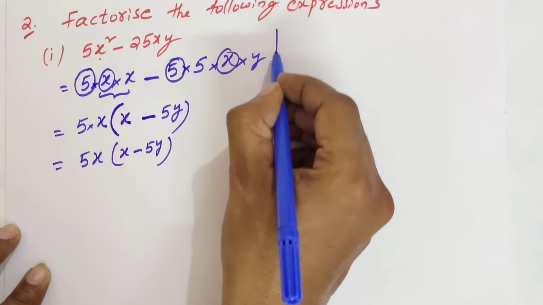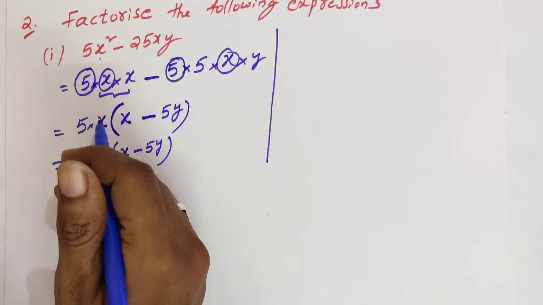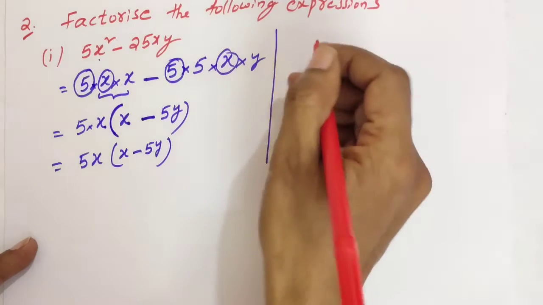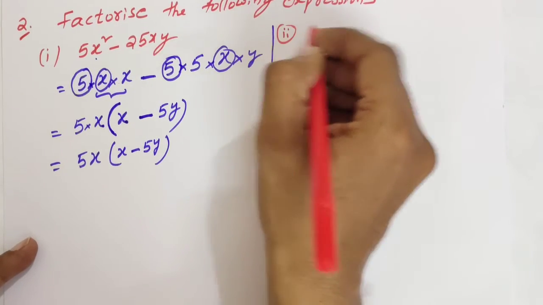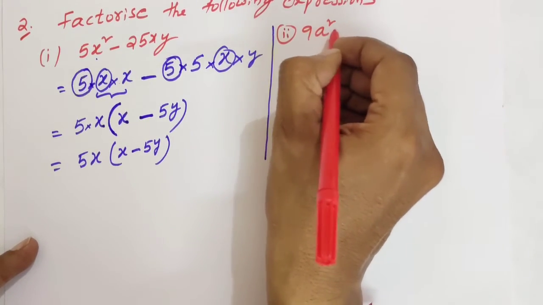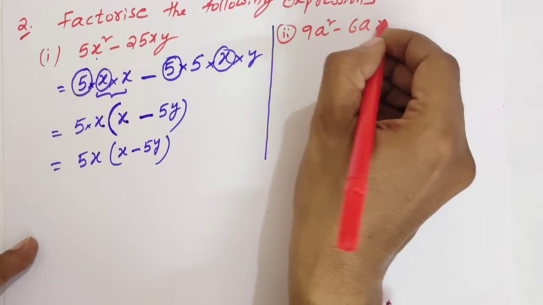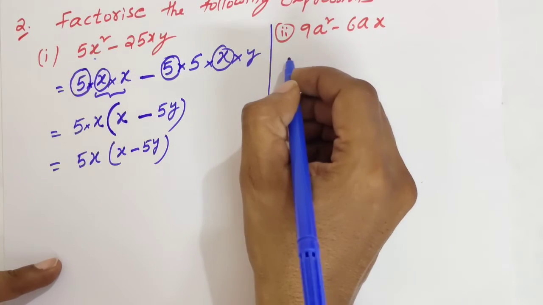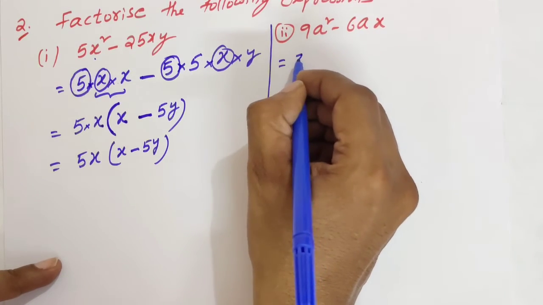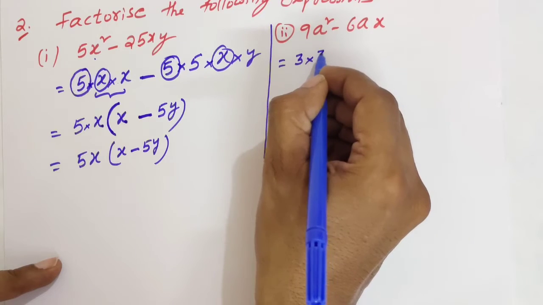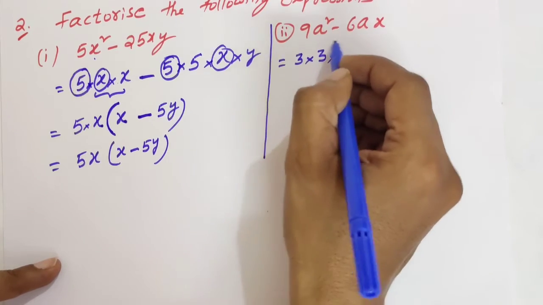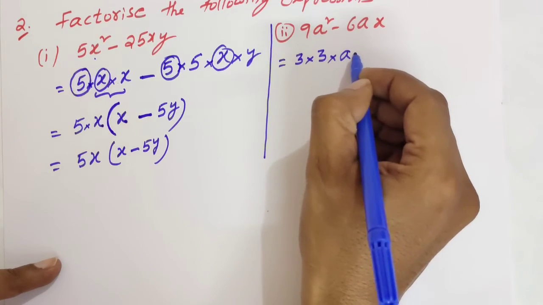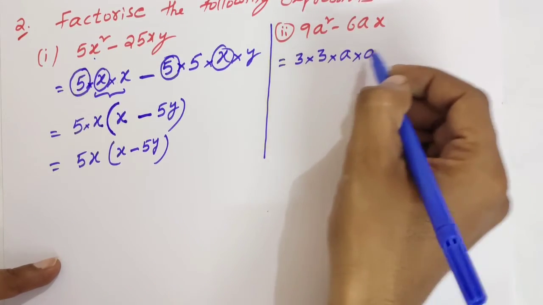So, let us take one more: 9a square minus 6ax. Now 9 can be written, by 3 table, as 3 into 3, and a square, the irreducible factors, you can simply write a into a.